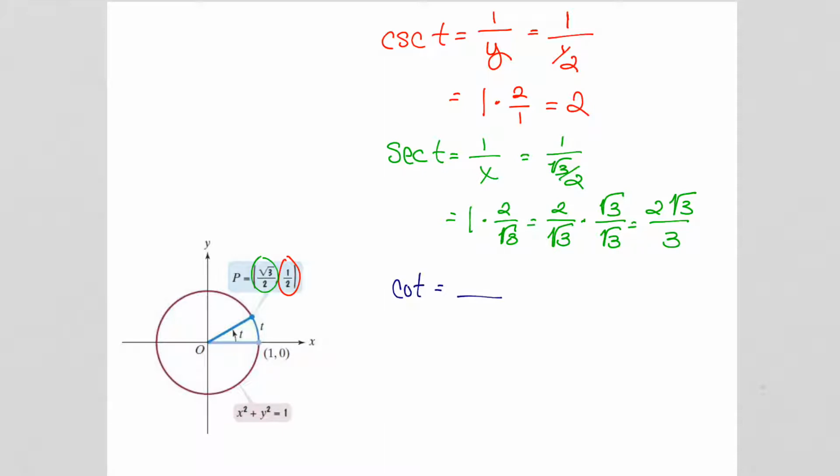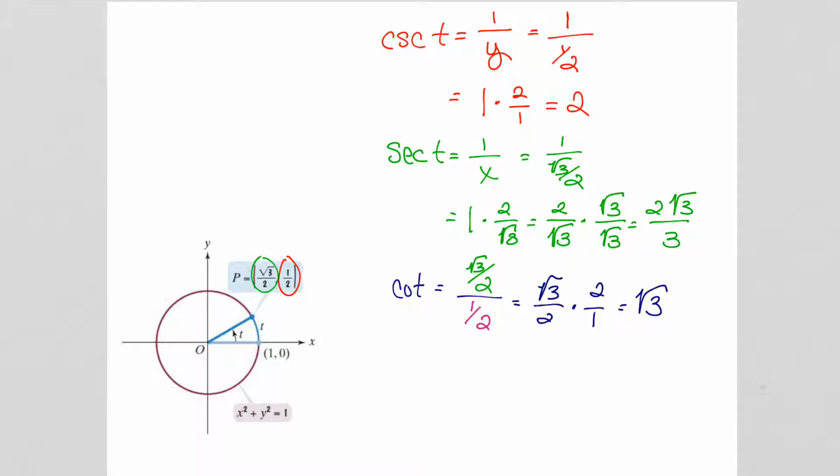And last, cotangent is x over y, that's root 3 over 2, over 1/2. So root 3 over 2 times, flip and multiply, and this one's not too bad, we've just got root 3.